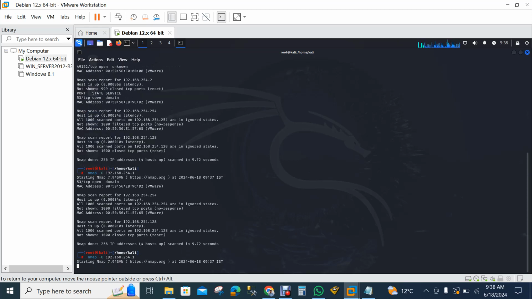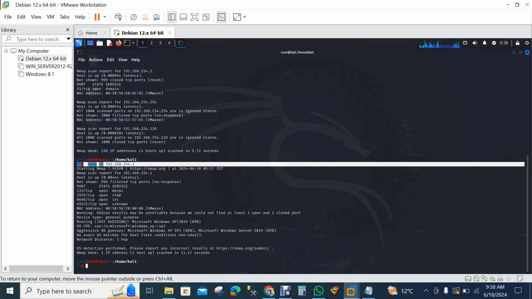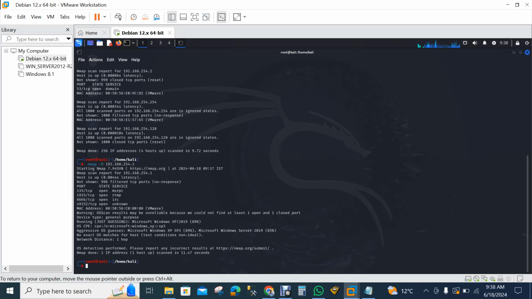If we use O, it will also help by giving us more detailed information about our specific network. So we got the same vulnerabilities for this IP address, with some more detailed information.